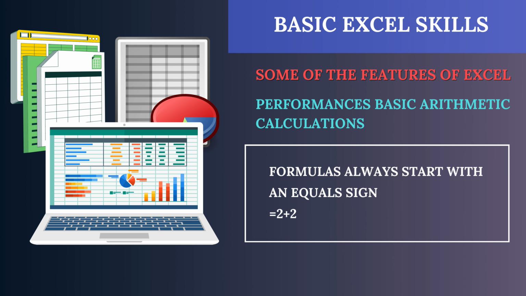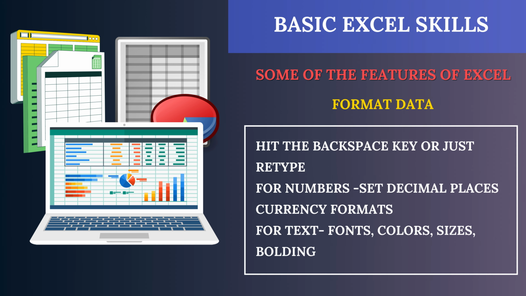Formulas always start with an equal sign, like equals 2 plus 2. We can use formulas to calculate all kinds of math between the values in different cells. Formatting: Excel will let us format data in tons of ways to make it look nice and readable. For numbers, we can set decimal places, use currency formats, percentages, and more under the number format menu.